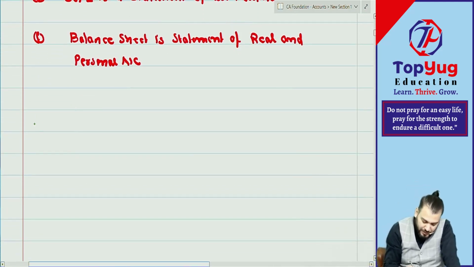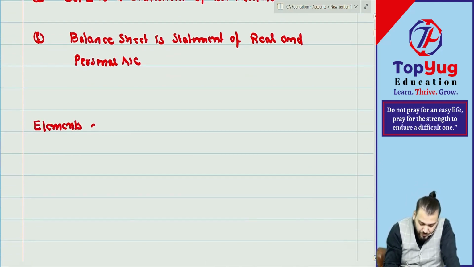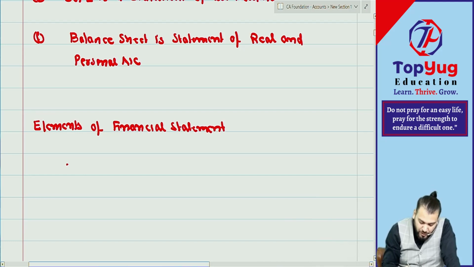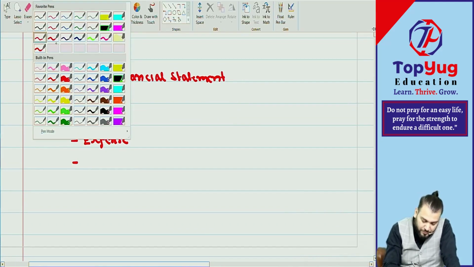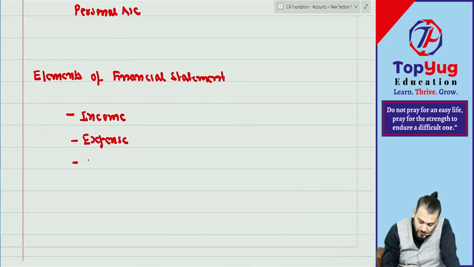Write down. Next point. Elements of financial statement. First is income. Then expense. Then asset.